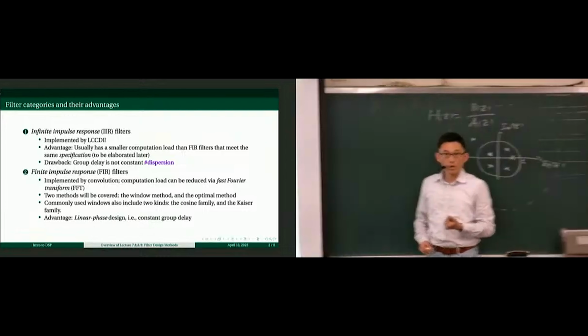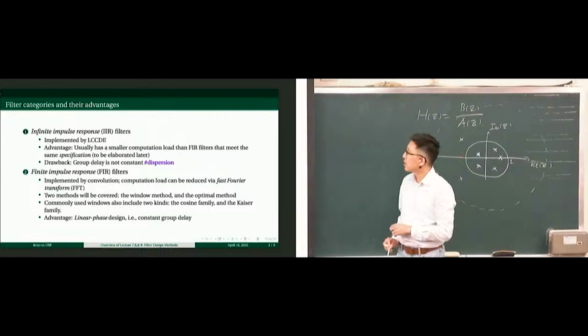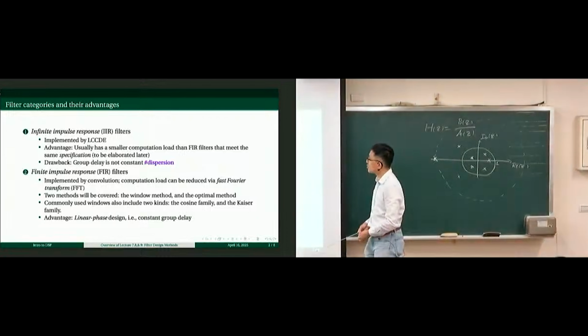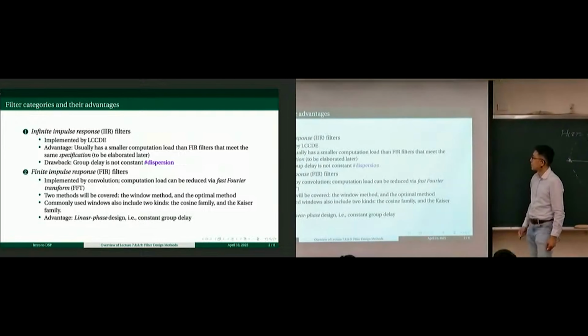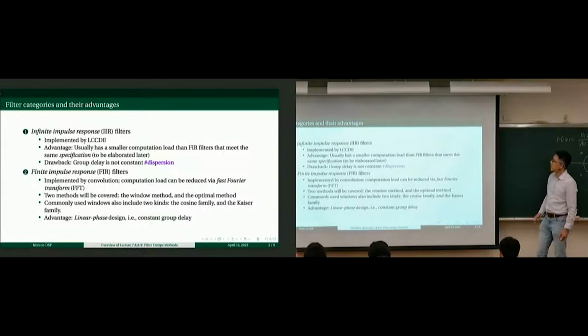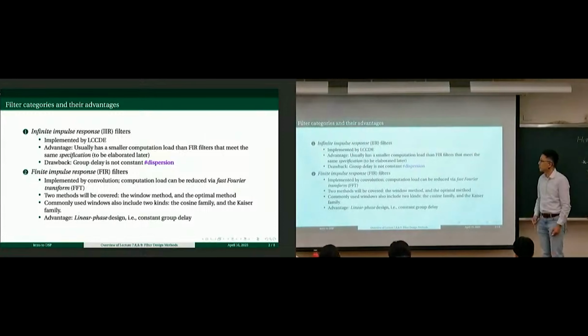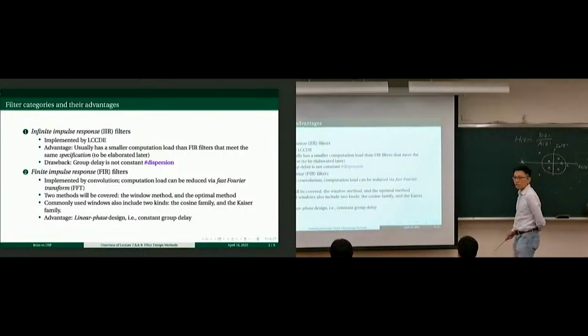Do we use FIR? So there are pros and cons. 优点跟缺点. The advantage of IIR is it usually has a smaller computation load than FIR filters that meet the same specification. I will elaborate on that. Specification 就是 specs. Usually IIR can lower your computation load, but there are exceptions.